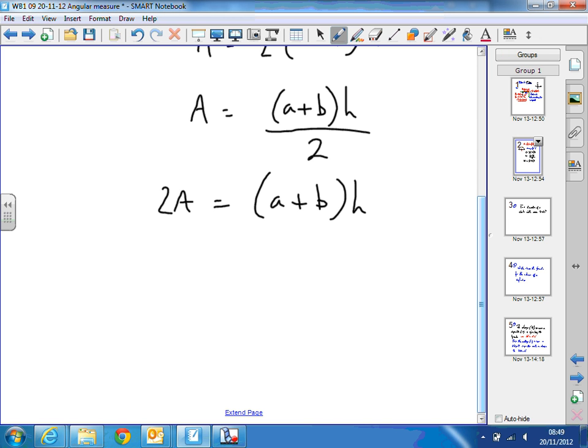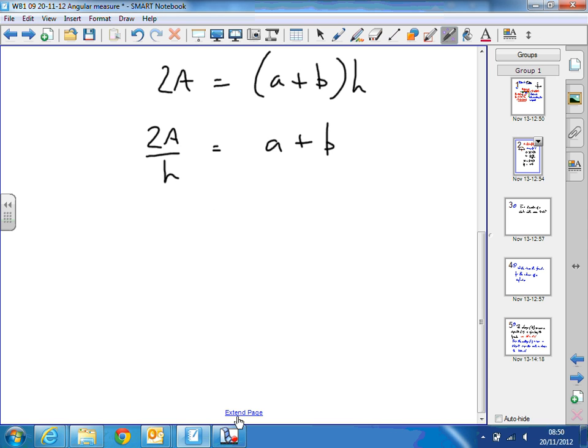You could multiply out the bracket, or you could divide by H. In this case, either would work, but let's divide by H. If I divide both sides by H, I get 2A over H equals A plus B. If I were to multiply out the brackets at this point, instead of dividing by H, I'd have AH plus BH, and then I've got to worry about getting that H that's multiplied by the B. So that's why I would suggest divide by H in this case.